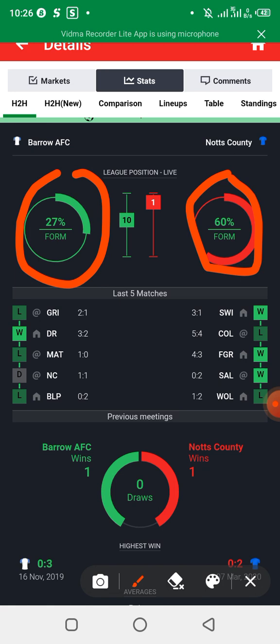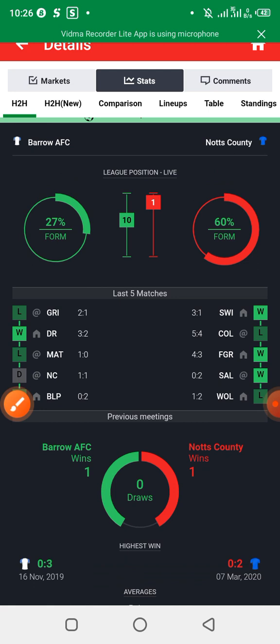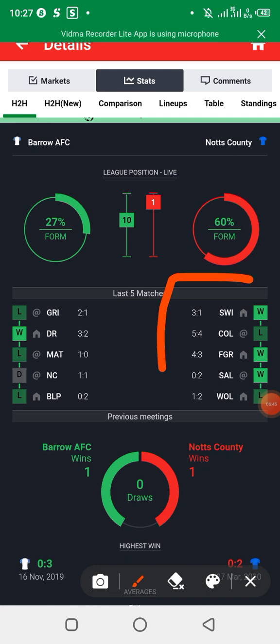The next thing you need to look into is the goals scored by these two teams. This is where you check it if you are a sports-based user, or with any other app you use for checking goals scored.